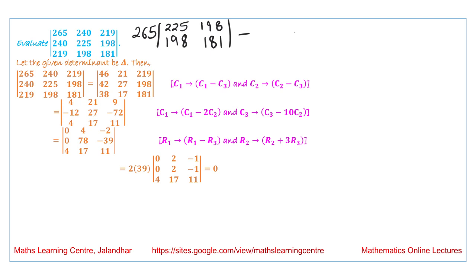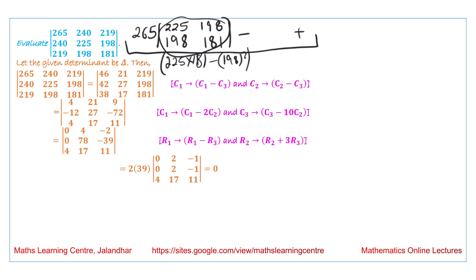If we open this determinant, the answer you will get is 225 into 181 minus 198 square. You will get some answer, and then you have to multiply it with this.